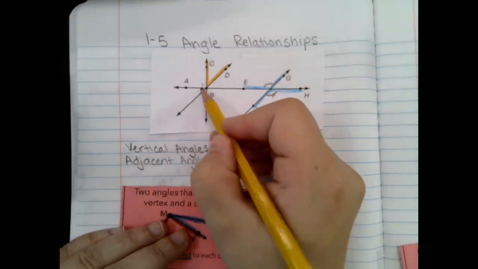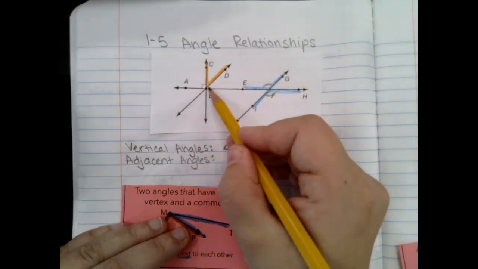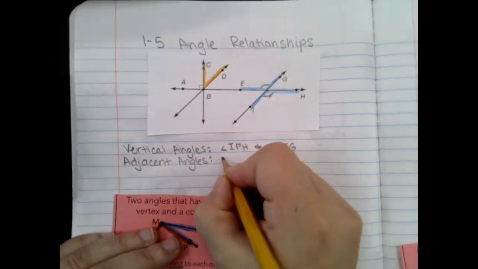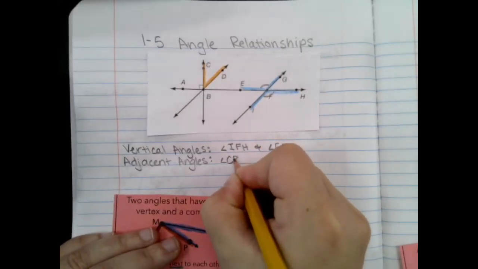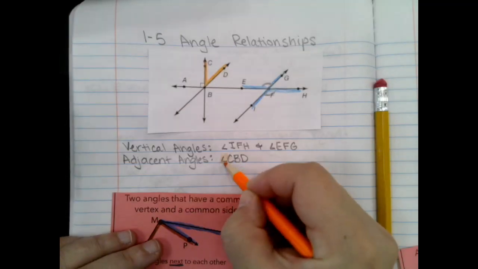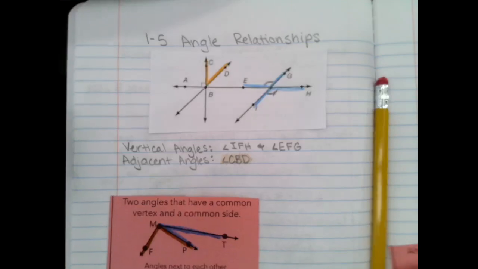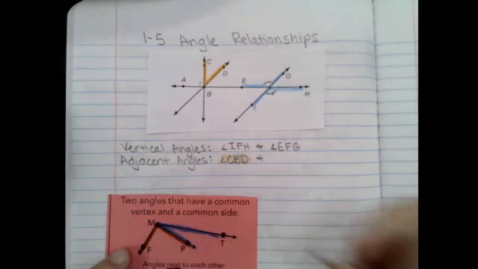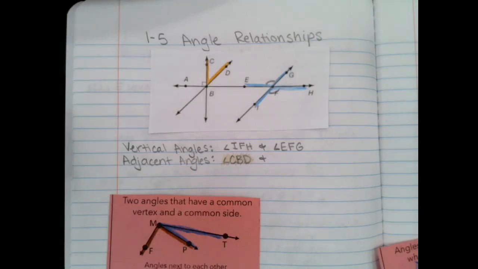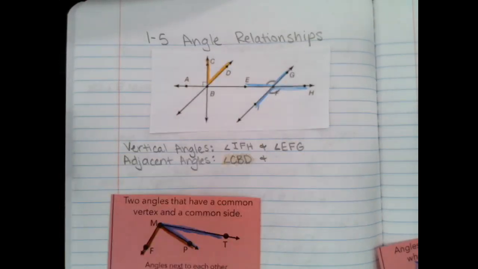Yeah, we could put it with ABC, or we could put it with DBE, either side. So we have angle CBD is one of them. Do you guys want to go ABC or DBE? ABC, cool.